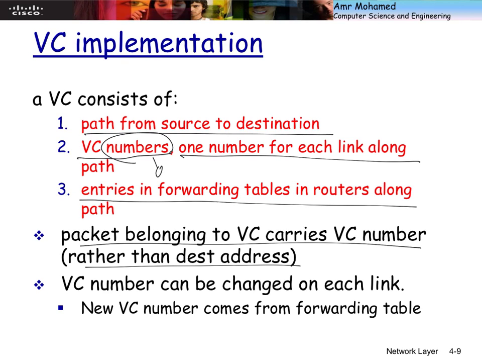And then when the packet comes, they have to change this virtual circuit identifier before they forward it. So as part of forwarding, they have to change this virtual circuit identifier every time, in every single router.